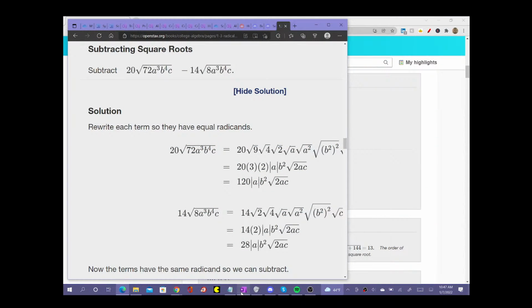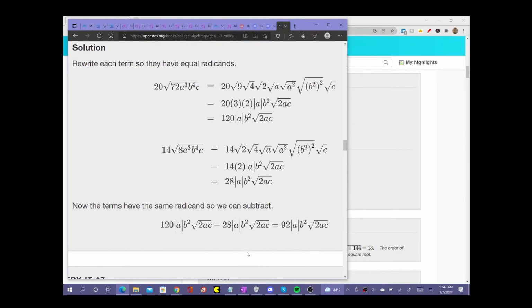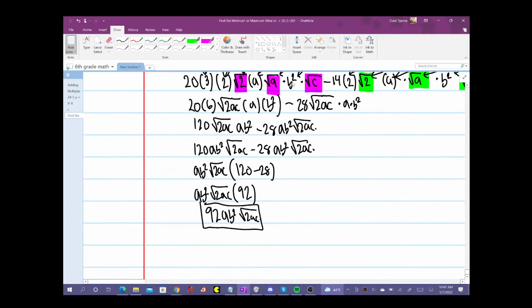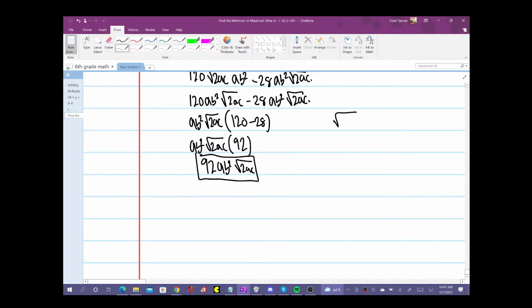And actually, it's supposed to be absolute value of a, because the square root of a squared equals the absolute value of a. That's why I got that wrong.